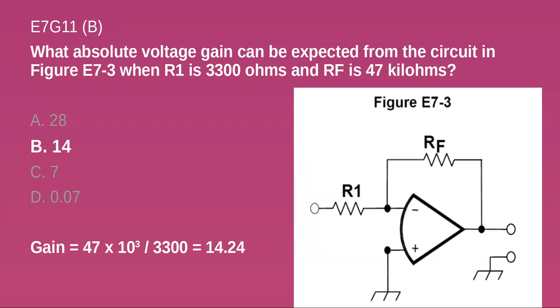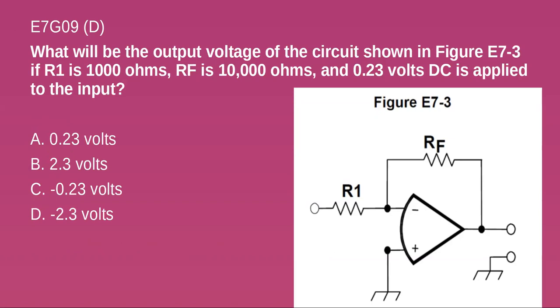Okay. So slightly different. What will the output voltage be if R1 is 1,000 and RF is 10,000, and 0.23 volts is applied at the input?